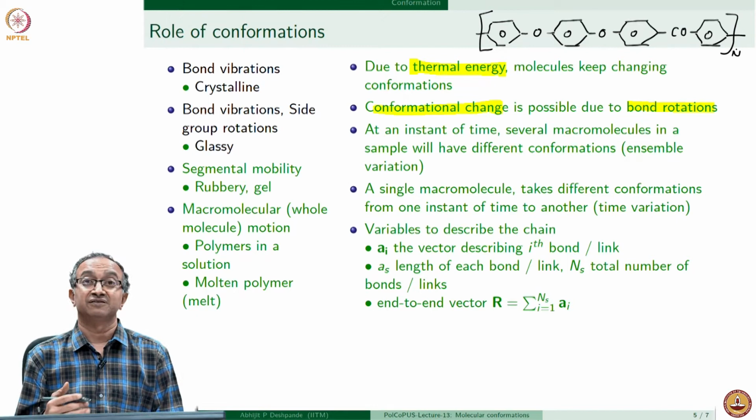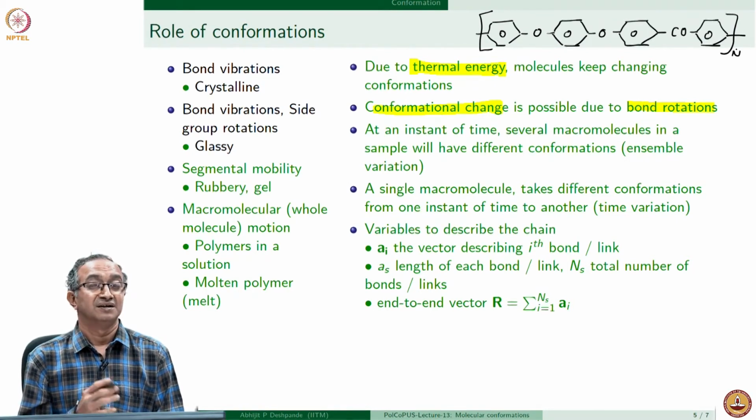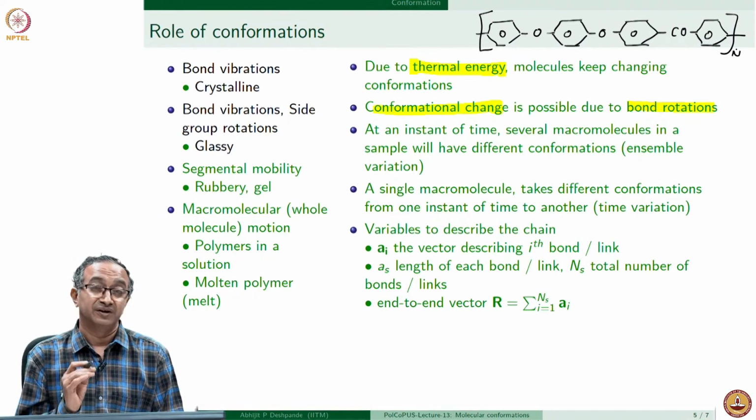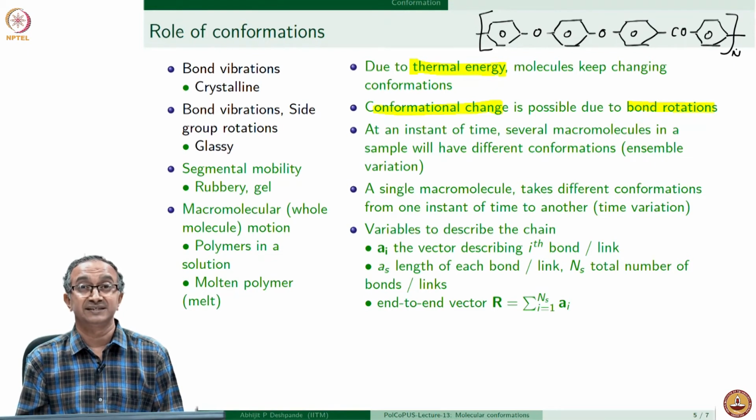What do we expect for conformational changes in this kind of a polymer, where there are not as many carbon-carbon bonds along the backbone? And clearly, yes, your hunch is correct that in such polymers, conformational changes will not be as easy, and therefore many of these may not have a coil-like structure, but they may have more rod-like structures.